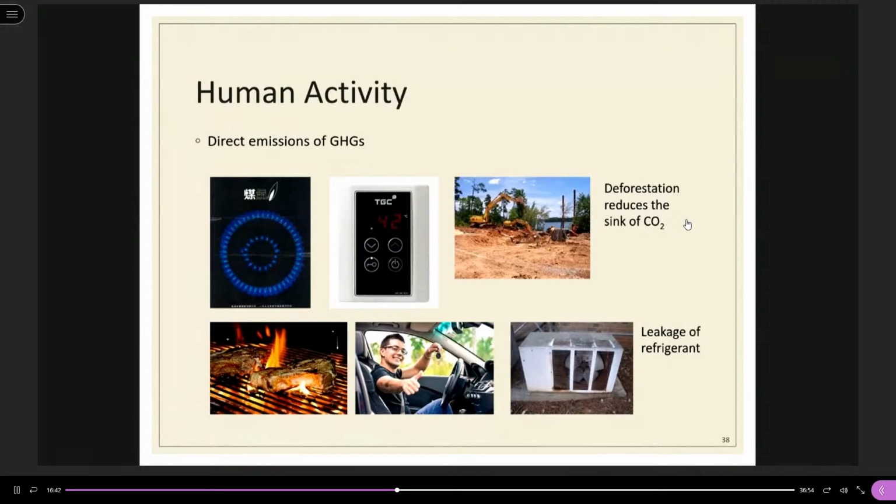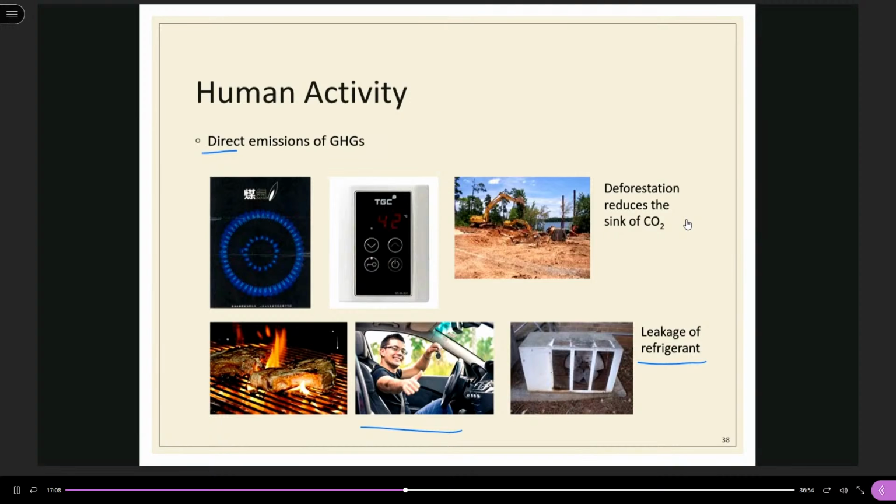For greenhouse gas emissions, we have the direct effect, like burning a barbecue, using town gas, driving, or replacing your air conditioner, where there could be refrigerant leakage, and cutting down trees.